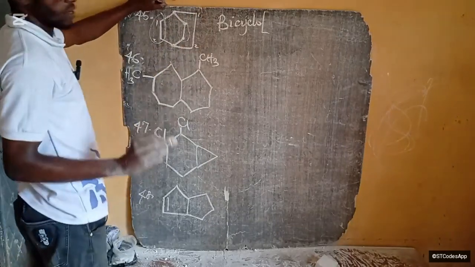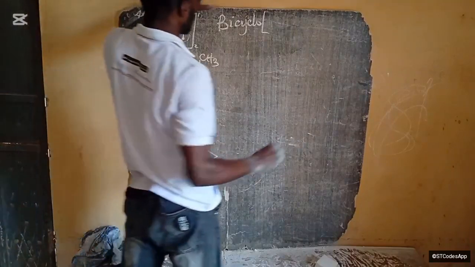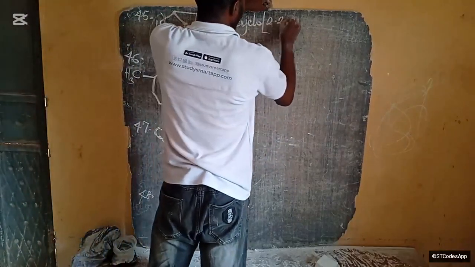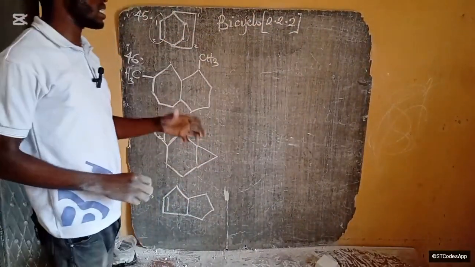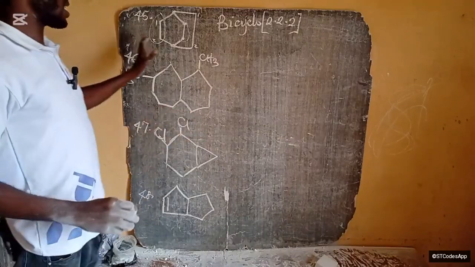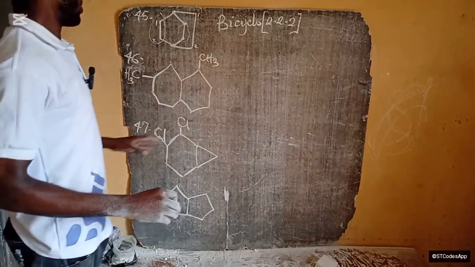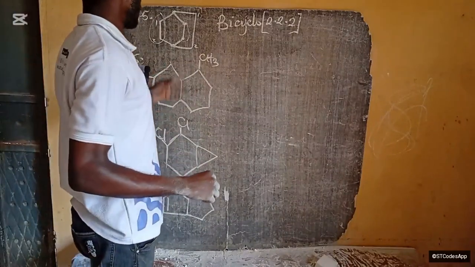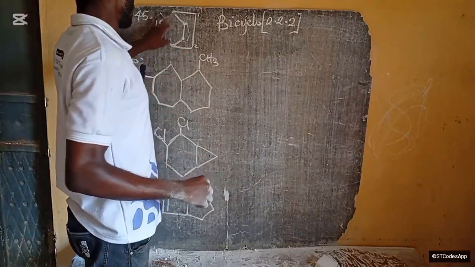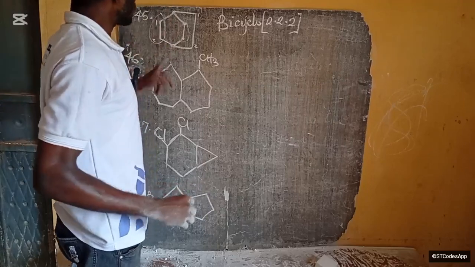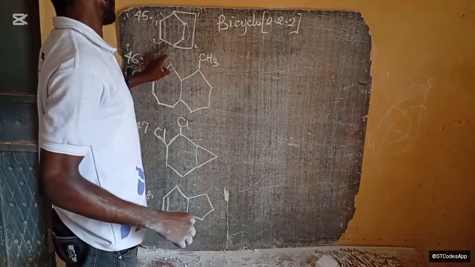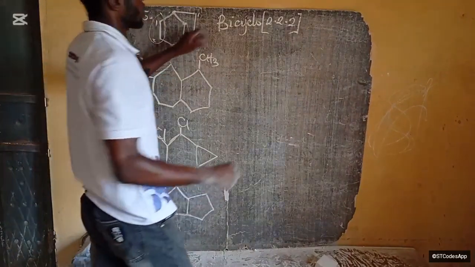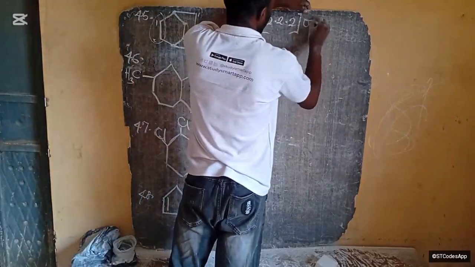So either one you pick, you're going to be correct. So that will be 2, 2, 2. But note that you must number in descending order. Because they are the same numbers here, we are just going like that. How many carbons do we have here? 1, 2, 3. Number in any direction now because it's the same. So 1, 2, 3, 4, 5, 6, 7, 8. Bicyclo 2, 2, 2 octane.